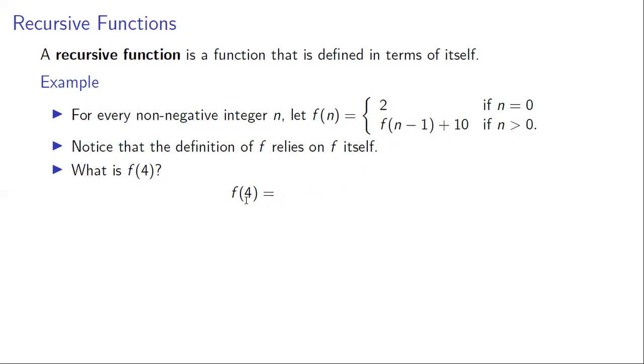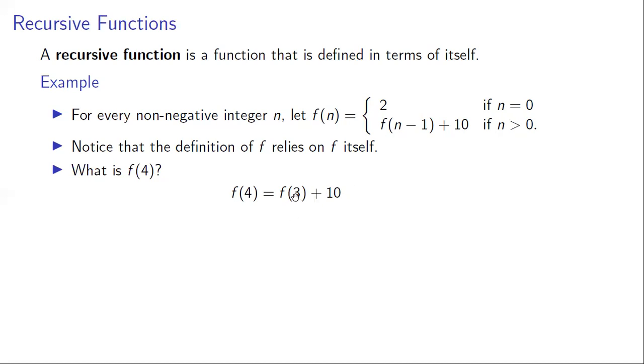First of all, 4 is greater than 0, so we use this second case. n minus 1 would be 4 minus 1, so that would be f of 3 plus 10. But what is f of 3? I don't know.